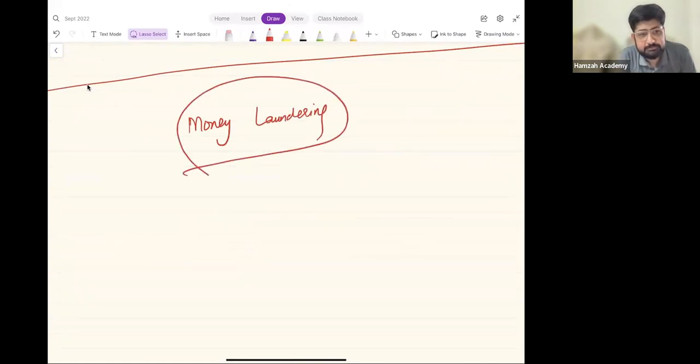What is money laundering? Can you tell me what money laundering is? Anyone who has the idea of what money laundering actually is?